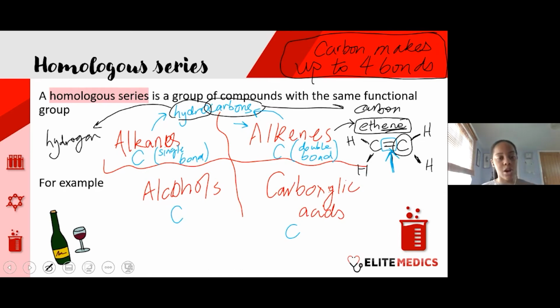Alkanes are hydrocarbons, they have single bonds, but alkenes are different. Even though they are hydrocarbons, they have double bonds.